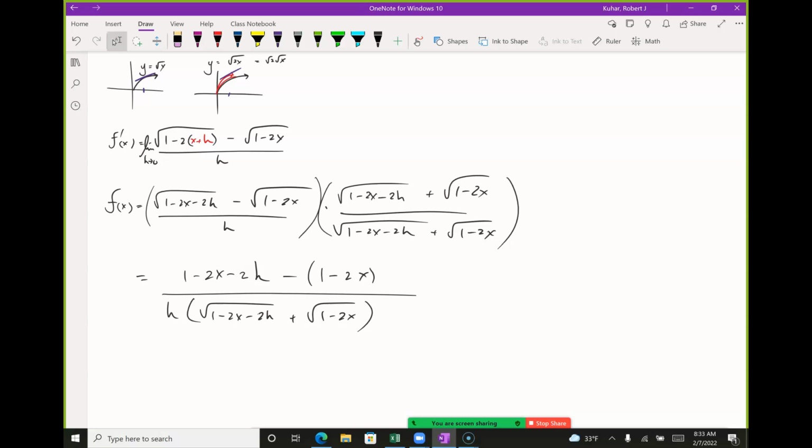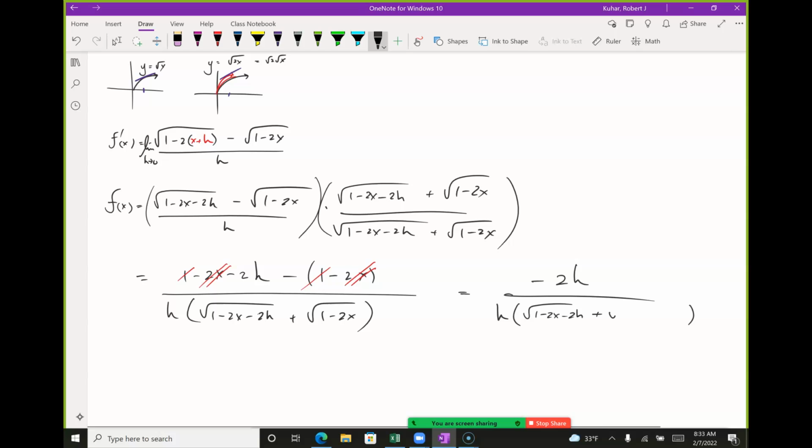I want to distribute upstairs, but I can see that the 1 will become negative, so I can cheat that a little bit, and then the 2x will become positive, right? As much as I can cheat it, I will try and cheat it, but if I'm making mistakes, don't skip a step like this, right? So now I've got what? Minus 2h over h times that conjugate.